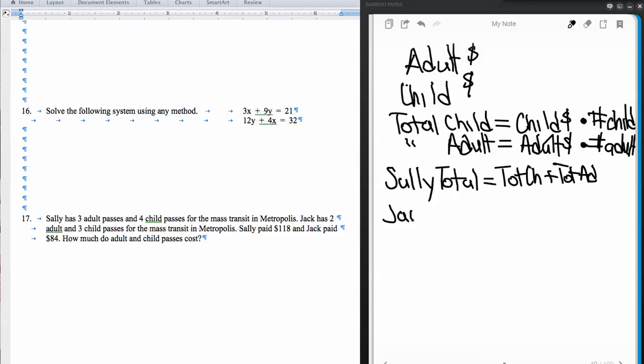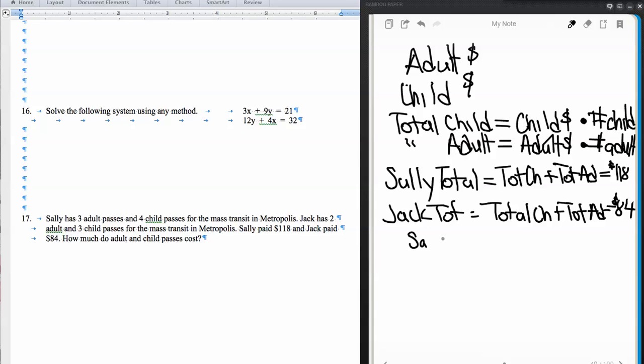And then we also have Jack, and Jack's total, again, a total for a child, and the total for an adult. And we're told that Sally spent $118, and we're told that Jack only spent $84.